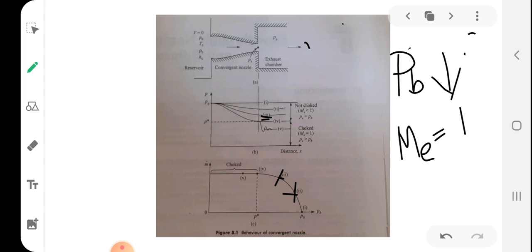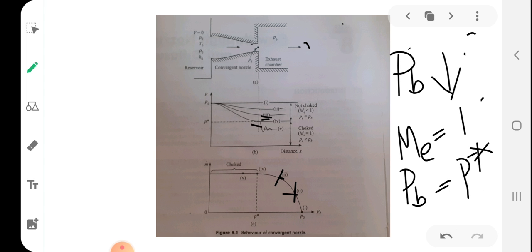Okay, so that particular PB can be represented as PB star. That particular back pressure is nothing but PB star or P star. Better you write it as P star.